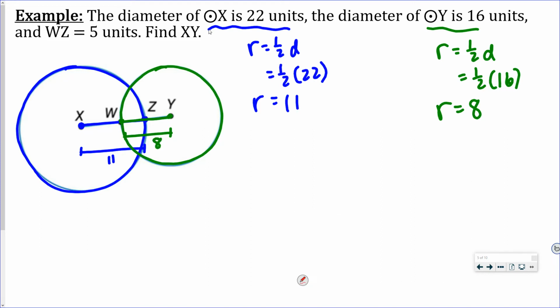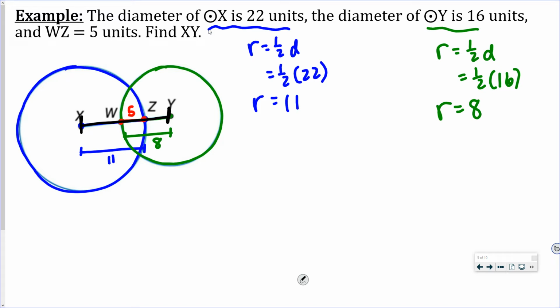Next piece of information given to us is that WZ, this segment right here, is 5. I'm going to give you one minute to figure out the length of XY.